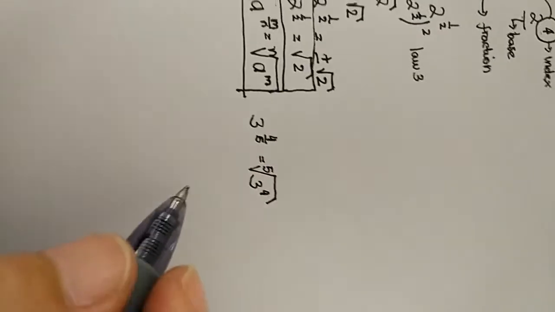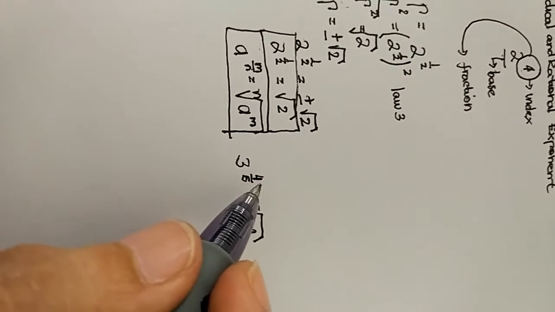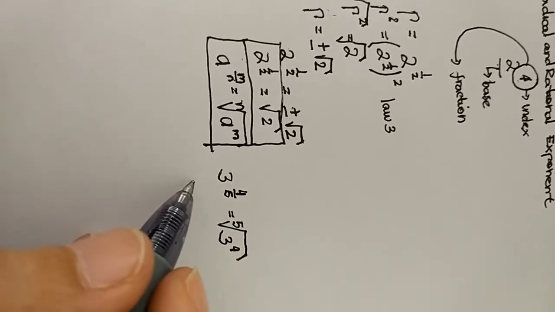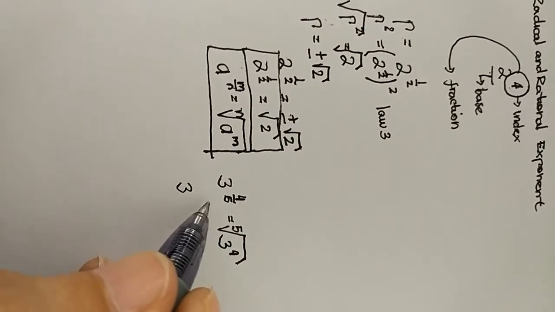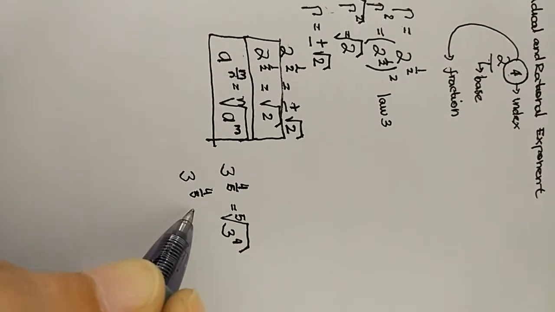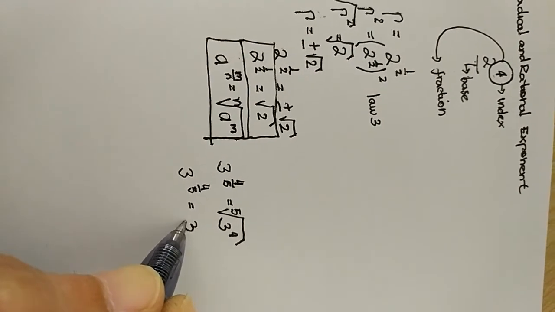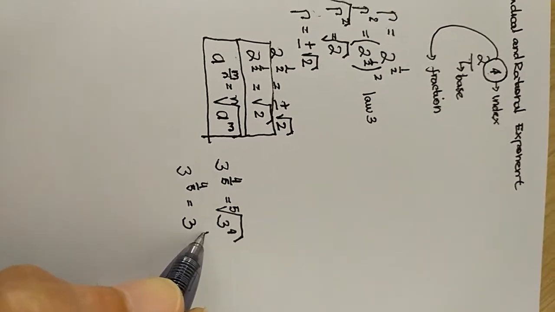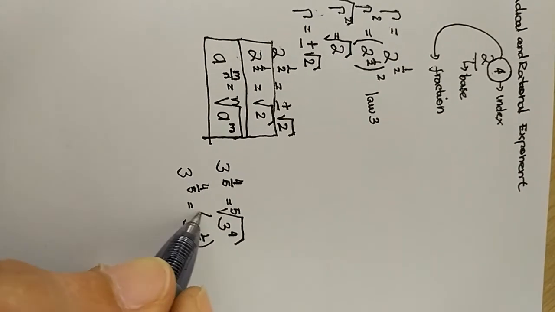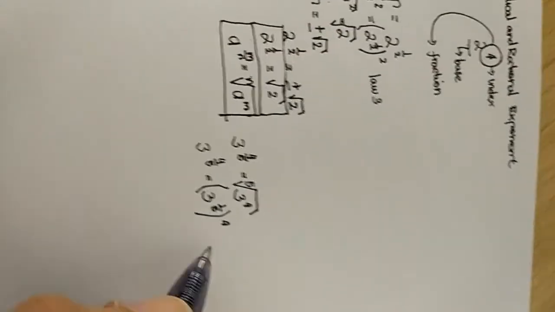Now we still stay with 3 to the power of 4 over 5. It can be written in a different way. I can write it as 3 to the power of 1 over 5, and then powered again by 4.